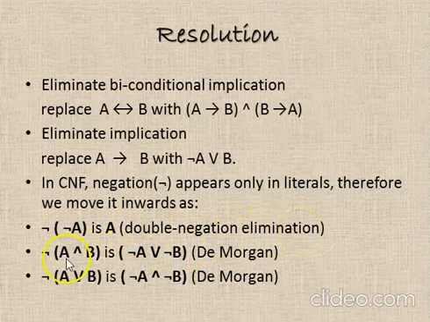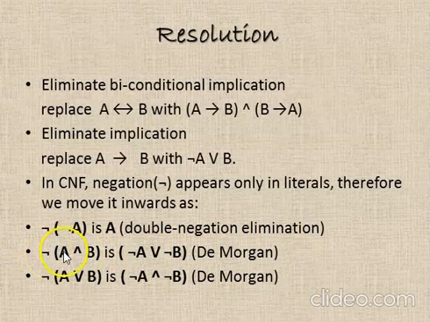Then if we have not of A and B, then this negation has to be taken into A, into and, then onto B. So the final answer will be not A or not B. This is by De Morgan's theorem.